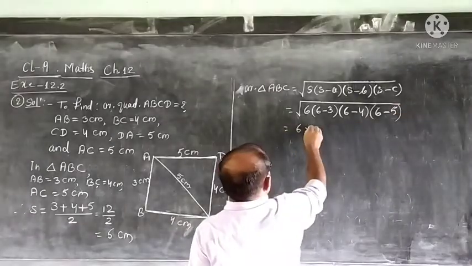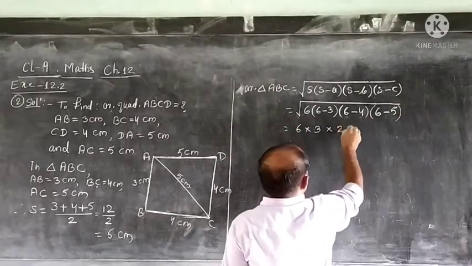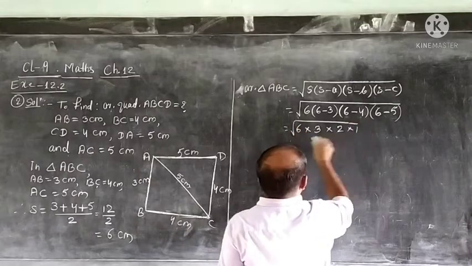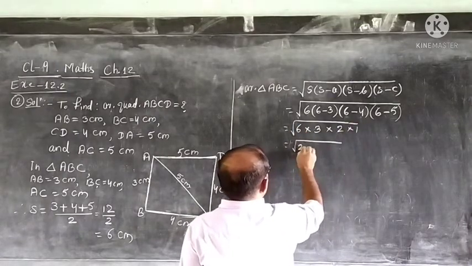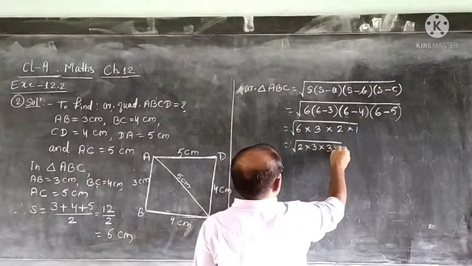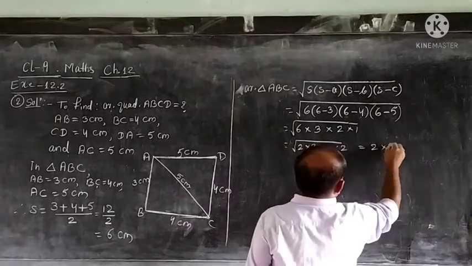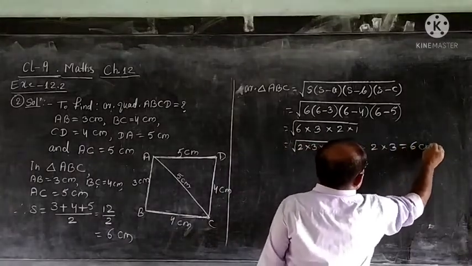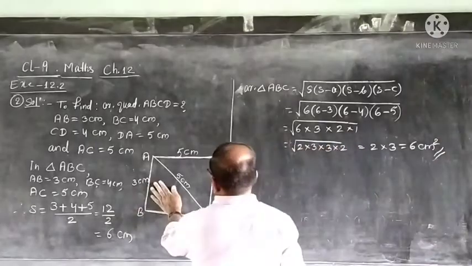So, 6 into 3 into 2 into 1. So, simply 6, 2 into 3 into 3 into 2. So, we get 2 into 3, 6 centimeter square is the area of this triangle.